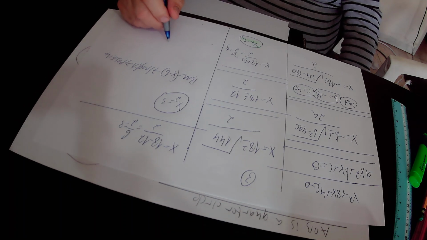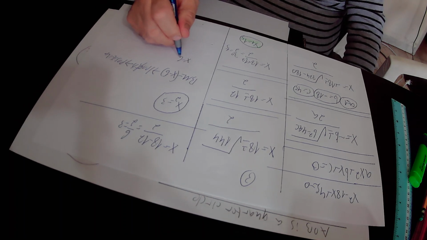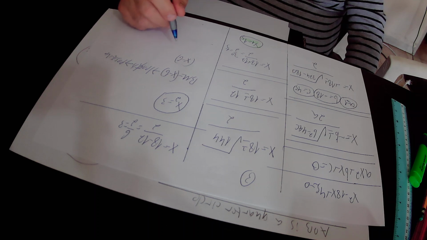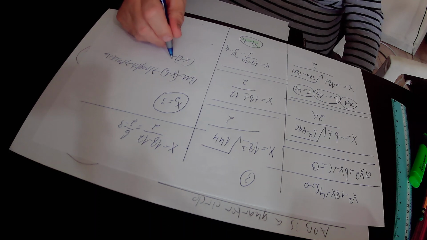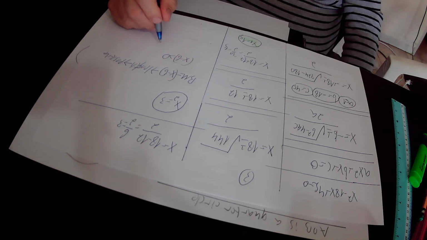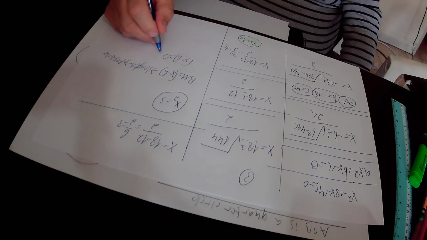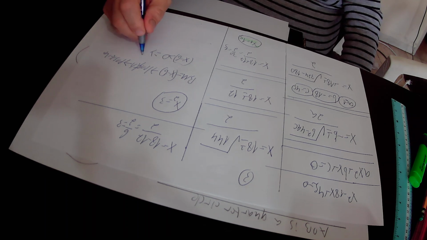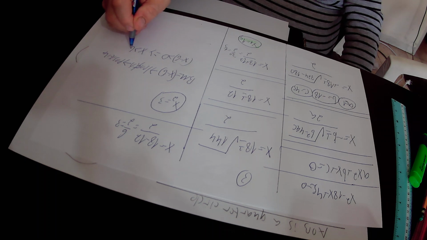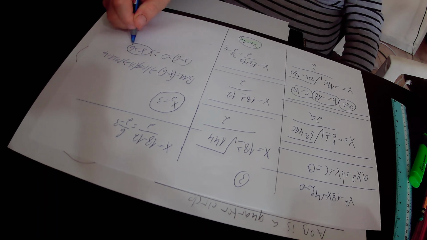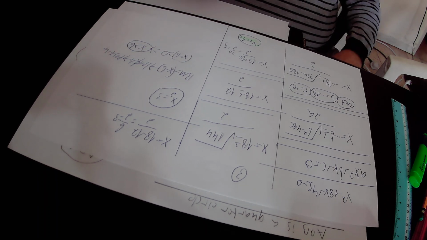That is to say, x minus 6 must be a positive number. It means that it must be greater than 0. If x minus 6 is greater than 0, it means that x is greater than 6. X must be greater than 6.